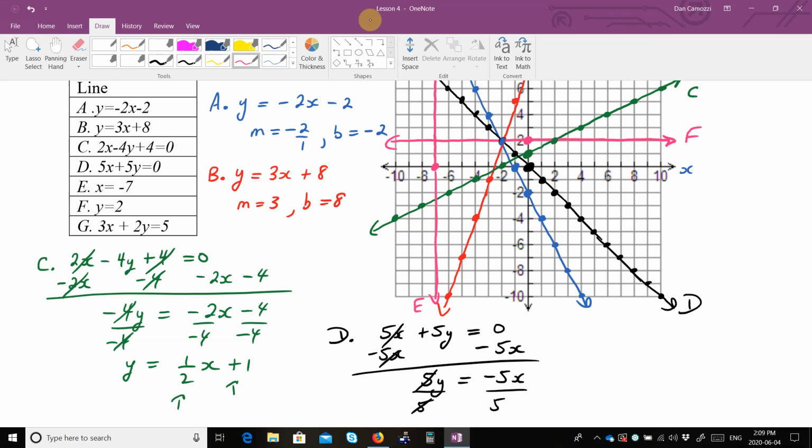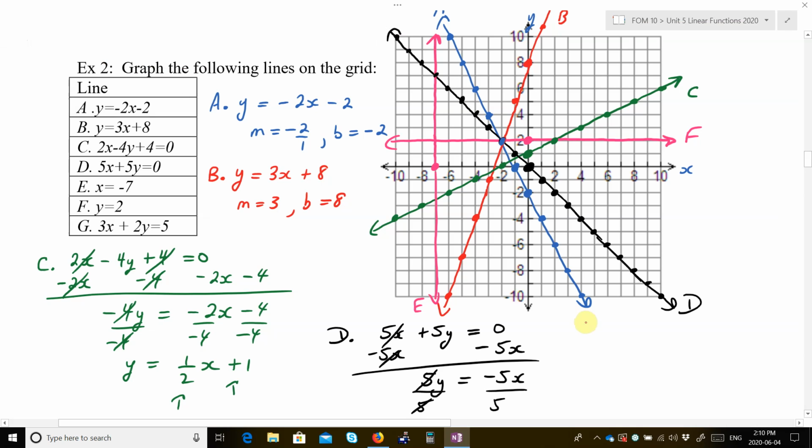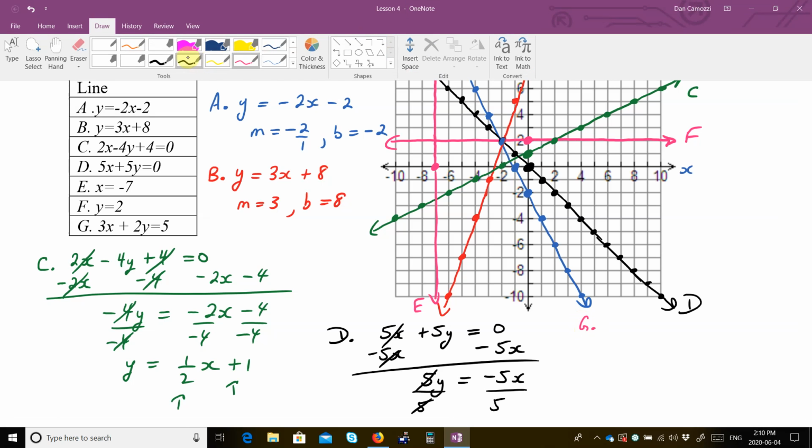Okay, and let's finally finish off with letter G. Maybe I'll try this orange here. It didn't change it.